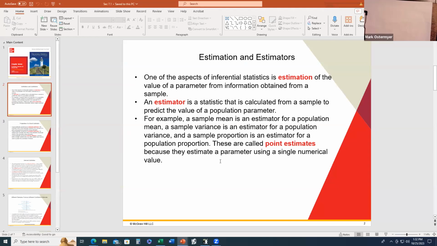Okay. So in other words, if I did not know the mean of a population, let's say the population had a size of 1 million data points. If I did not know the mean of that population, instead of pulling all 1 million data points, which would take a tremendous amount of time that I just may not have, I'm going to reach into that population and pull out a sample. Maybe I pull out a sample of size 100,000.